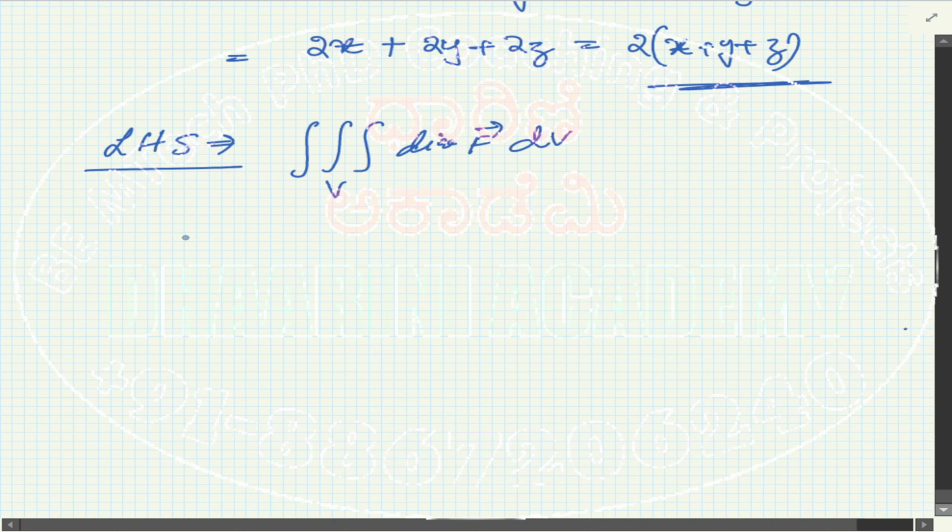So this is equal to the triple integral, but we'll put the values of x, y, z now. x is given from 0 to a, y is given from 0 to b, and z is given from 0 to c.